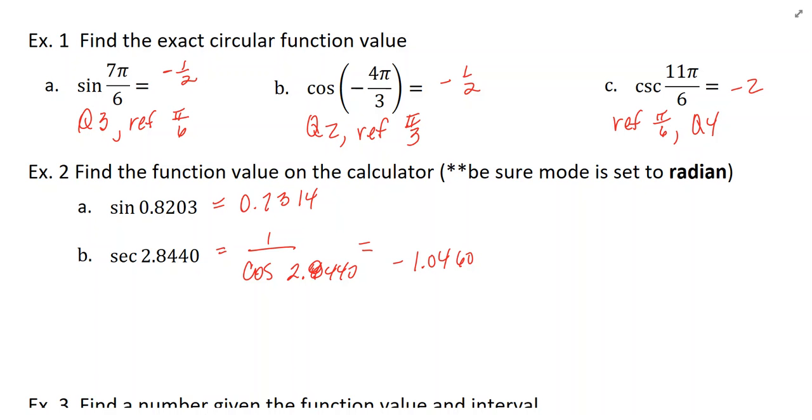Quadrant 2, right? Because 3.14 radians is pi, isn't it? So I haven't quite made it around to pi, but I'm past pi over 2. So second quadrant, cosine is negative in the second quadrant, so that makes sense for that function value to be negative. It's just a way for you to mentally check whether or not that is logical.